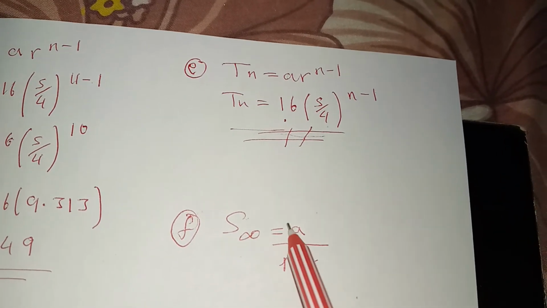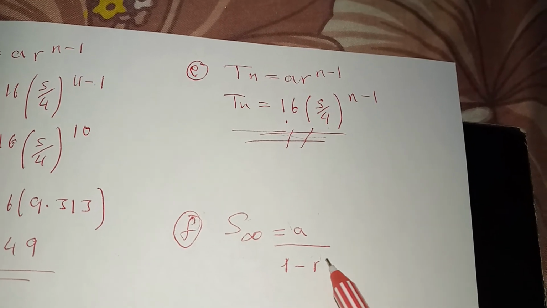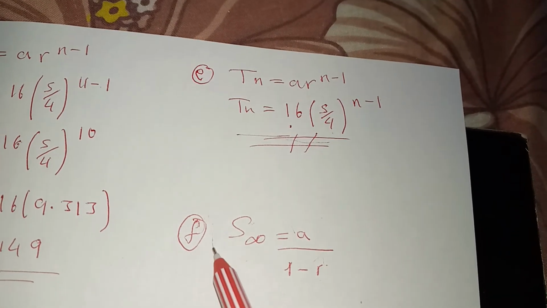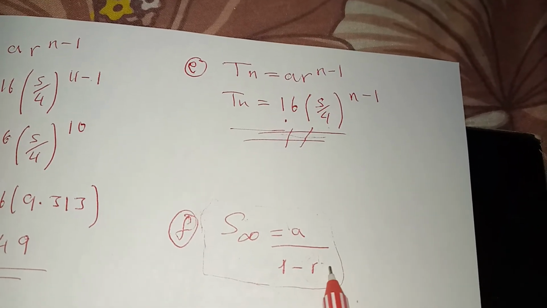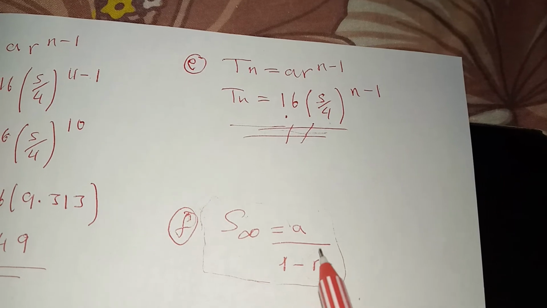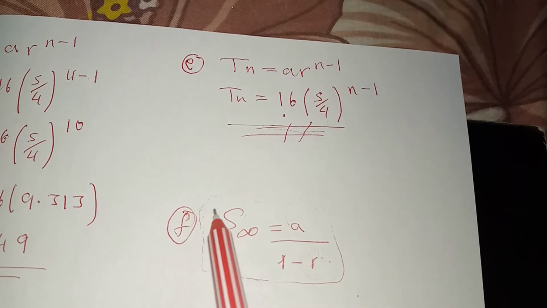So with the question that we have, since the common ratio is greater than 1, you can't be asked to find the sum to infinity. But in a situation where the common ratio is less than 1, expect a question on sum to infinity.